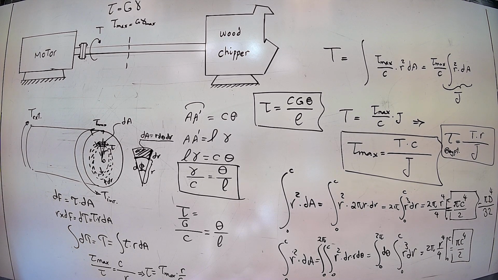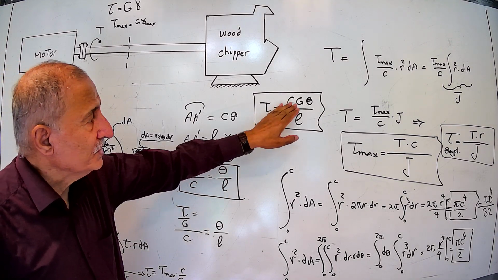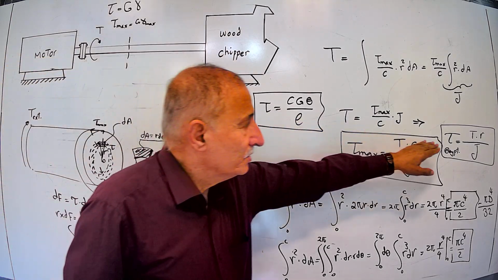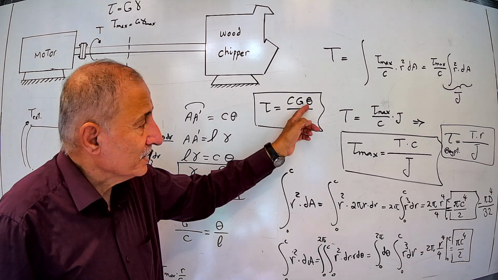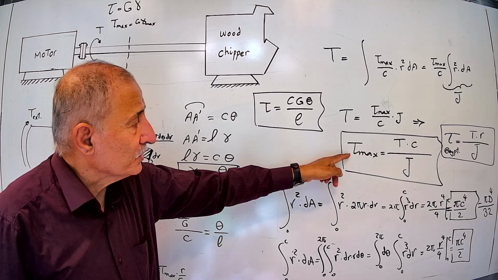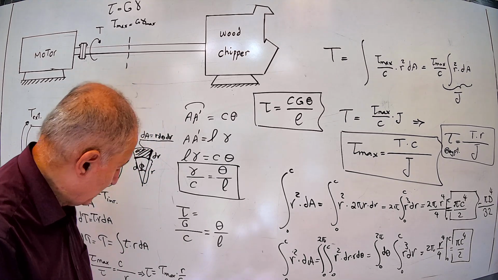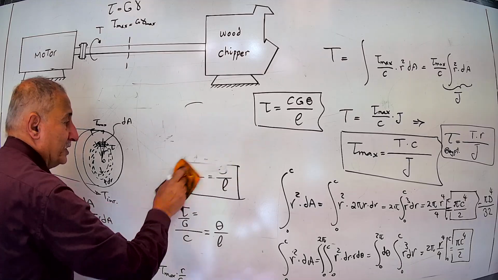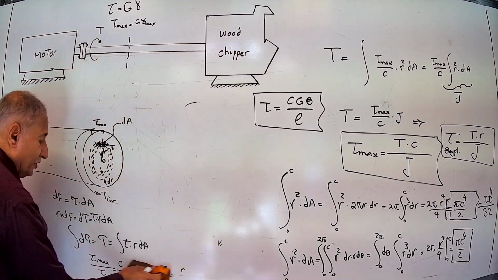Let's find out the twisting angle theta. We reached this formula that tau is equal to C G theta over L. If we equate this to the other one for the maximum twisting angle, assuming tau max, these two should be equal. We do not need these geometric relations anymore.